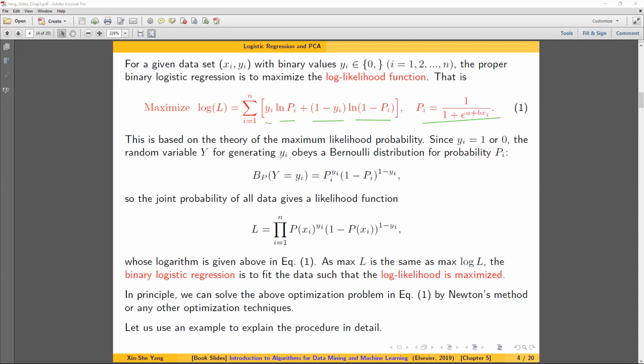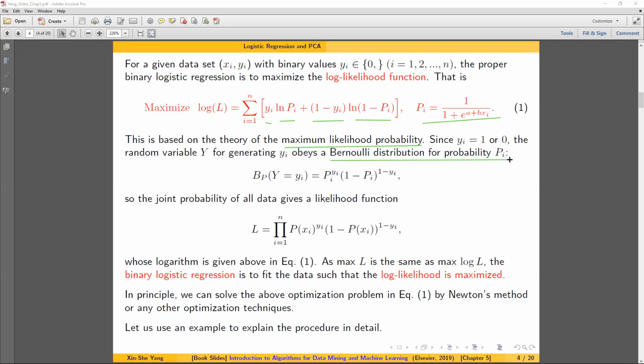This is based on the theory of maximum likelihood. Since yi is 1 or 0, the random variable y for generating yi obeys a Bernoulli distribution.